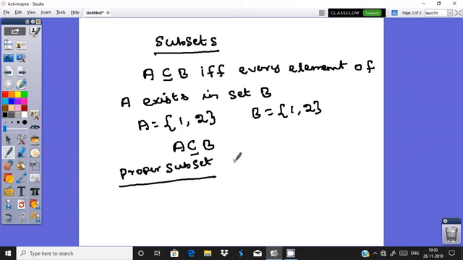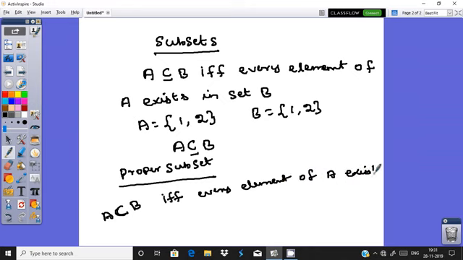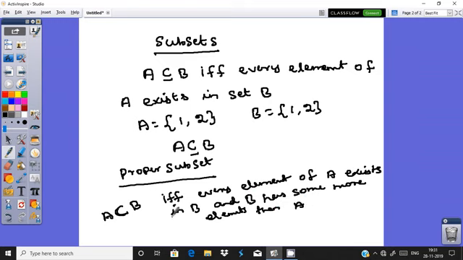You can say that a set A is a proper subset of B if all the elements in A exist in B, but B has some elements more than A. Say for example, I can write that A is a proper subset of B if and only if every element of A exists in B and B has some more elements than A.